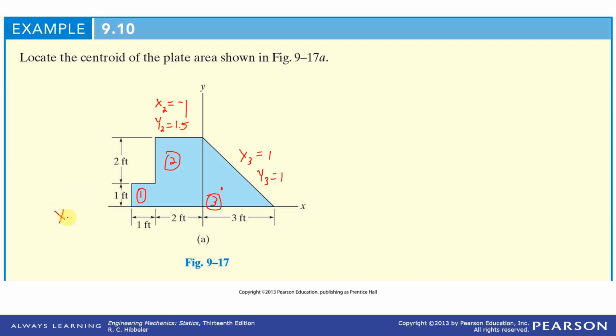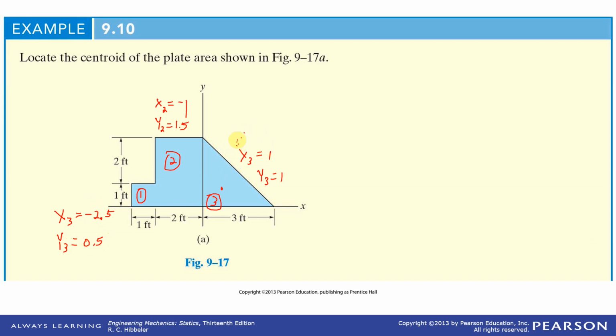And x3 centroid is 2.5 feet in the x direction negative. And y3 is half foot positive.